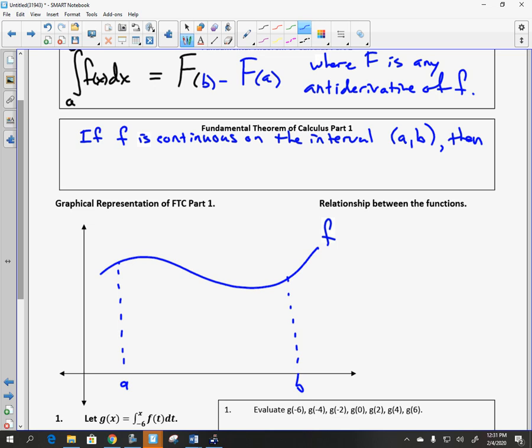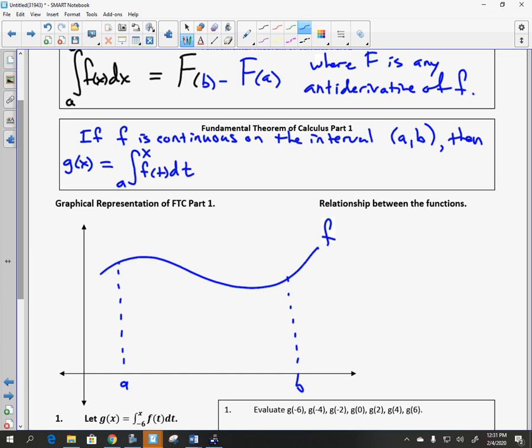Then g of x, we're going to say g of x is the area function. So area function means integral from some constant a to some variable x of f of t dt.